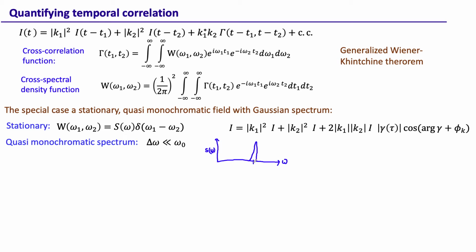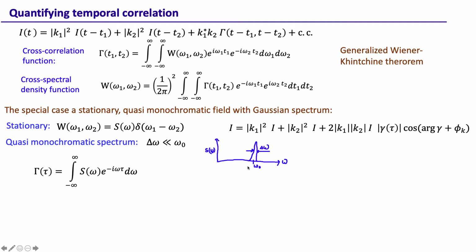We can call this the mean frequency omega naught, and this is the width of the cross spectral density function. In this example we see that delta omega is definitely much smaller than the mean, omega naught, and this is what we mean by the field being quasi-monochromatic. That is our second condition: delta omega should be much smaller than the mean frequency.